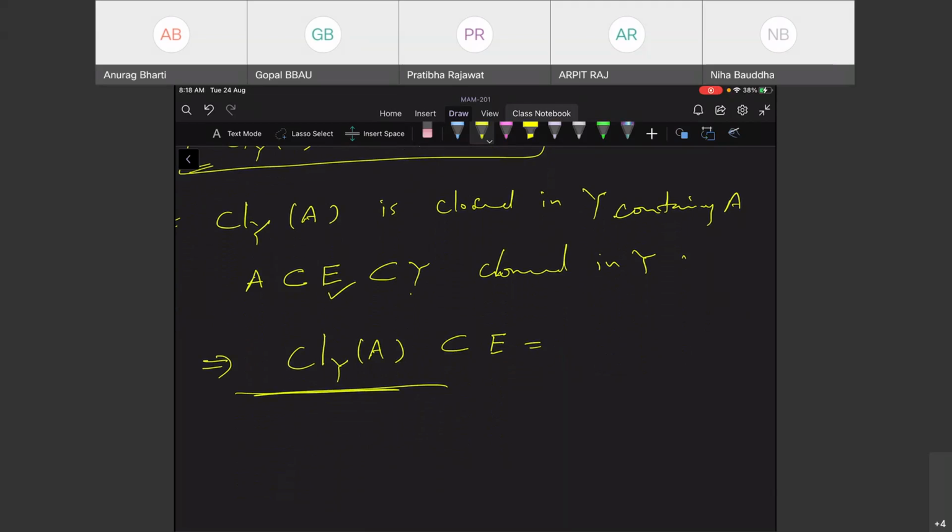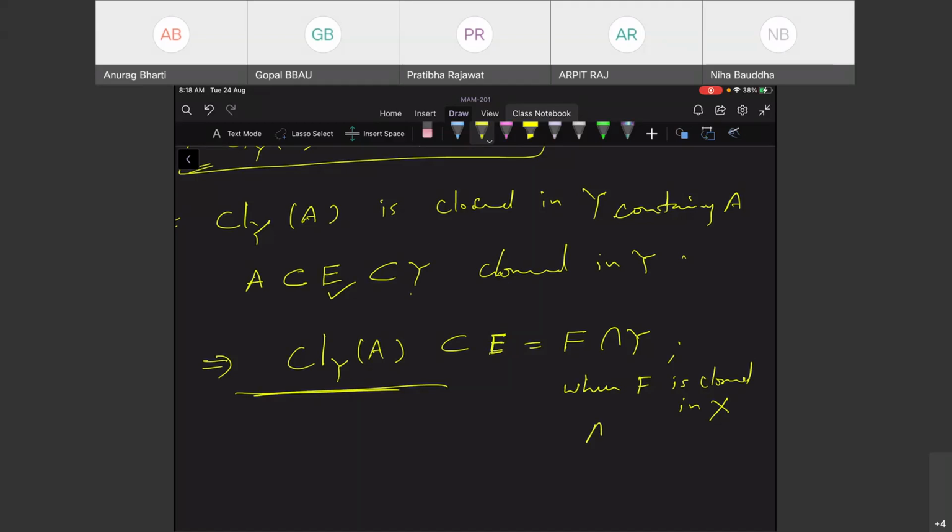Now you know, when this E is closed in Y, it is of this form, F intersection Y, where F is closed in X, correct?